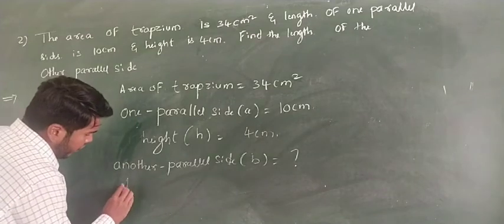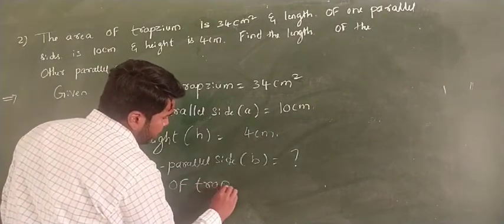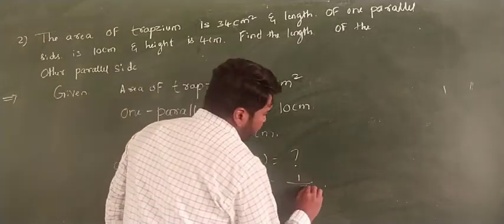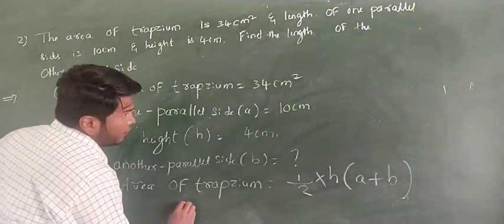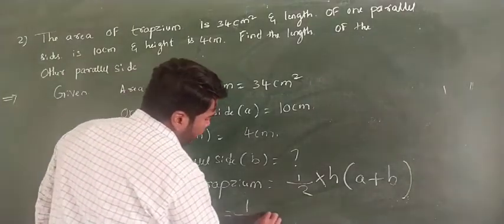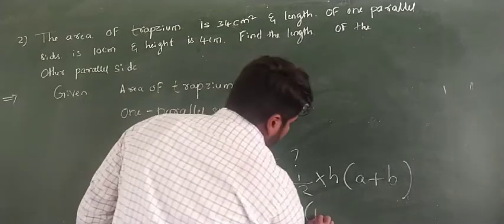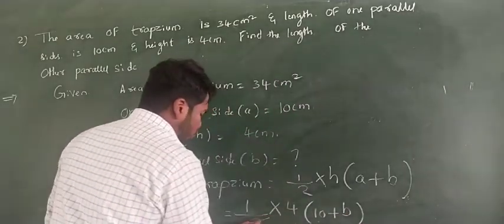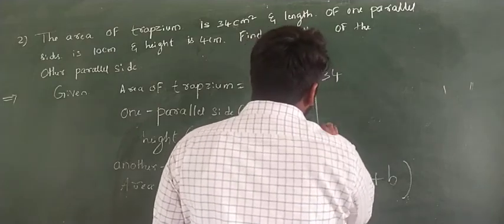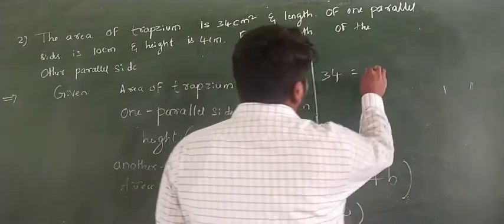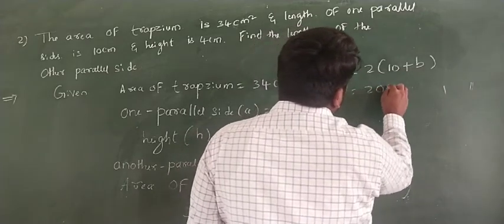Okay, so you already know the area of trapezium formula, that is area of trapezium is equal to half into h into sum of the parallel sides, that is A plus B. So area of trapezium you have as 34, which is equal to half into h, which is 4, and your one parallel side is given as 10 plus B. So 2 ones are 2, 2 twos are 4. So you can write 34 is equal to 2 into 10 plus B. So you can write 34 is equal to 20 plus 2B.